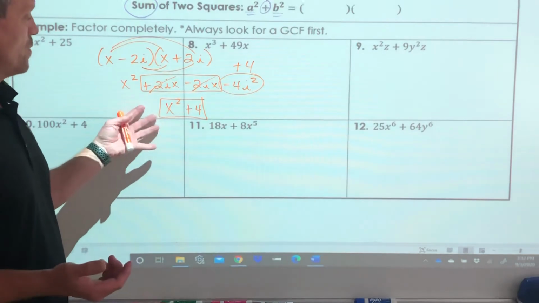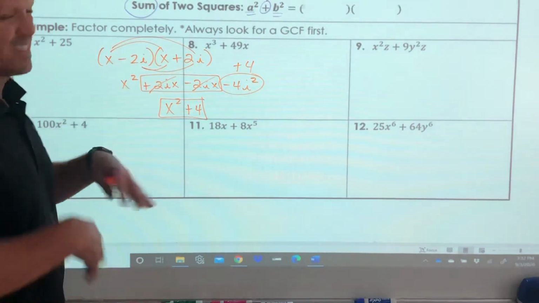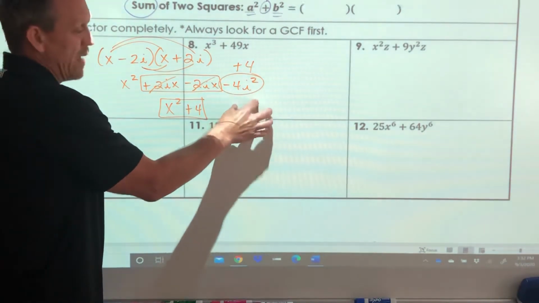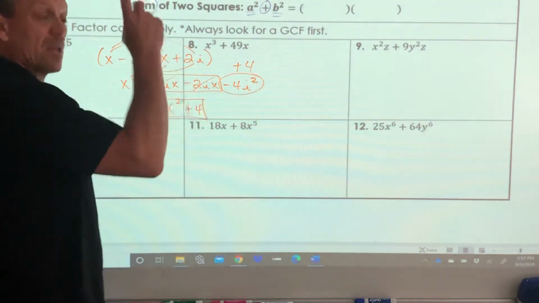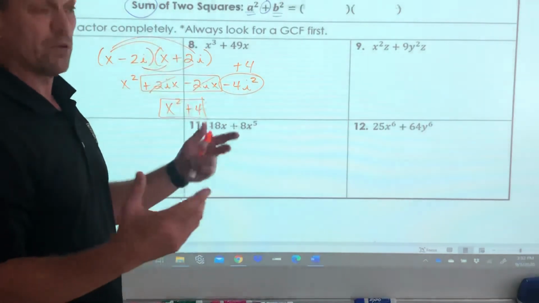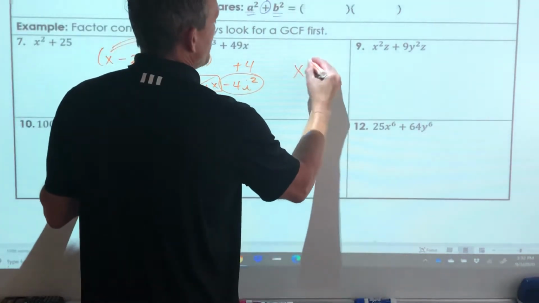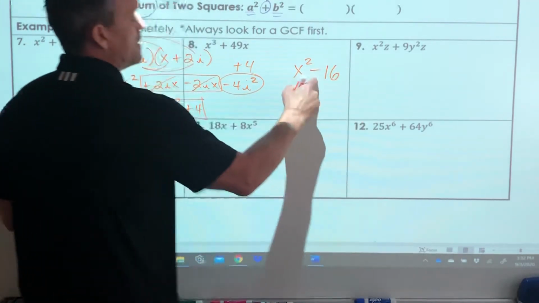I want to give you an idea of how this is going to work. Same idea, because this i squared that we have in here makes it negative. Unlike before, remember how we had the difference of them. So you had something that looked like x squared minus 16 with a difference of them.